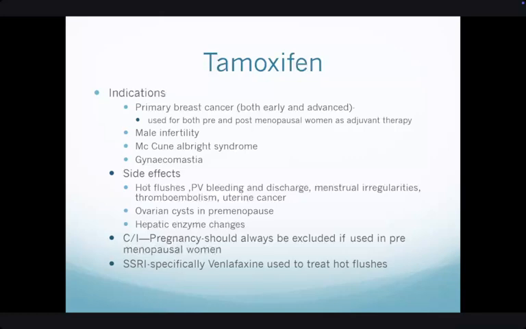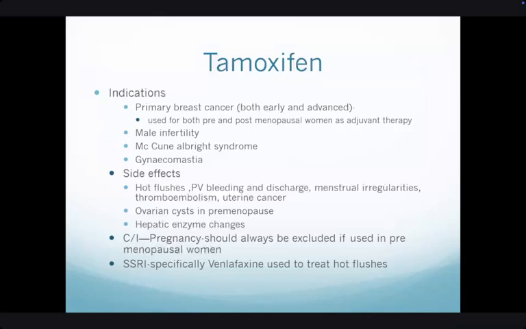It's also used for male infertility, McCune-Albright syndrome and gynecomastia. The side effects include hot flashes, PV bleeding and discharge, menstrual irregularities, thromboembolism, and uterine cancer, as well as ovarian cysts in premenopausal women and hepatic enzyme changes.